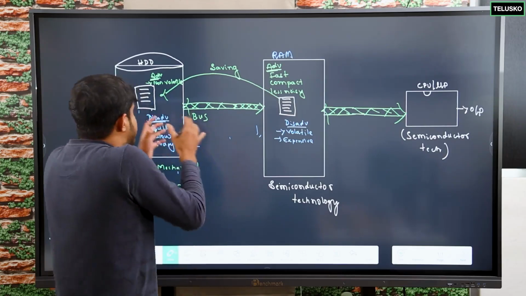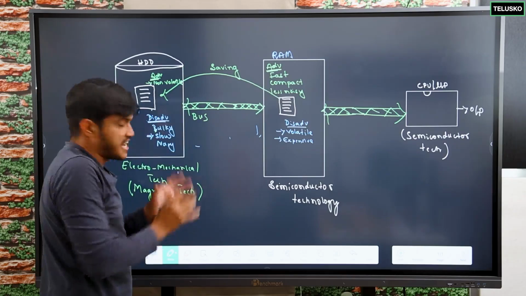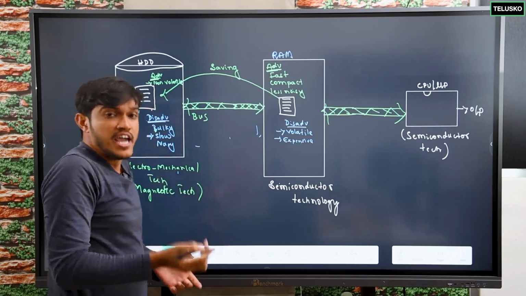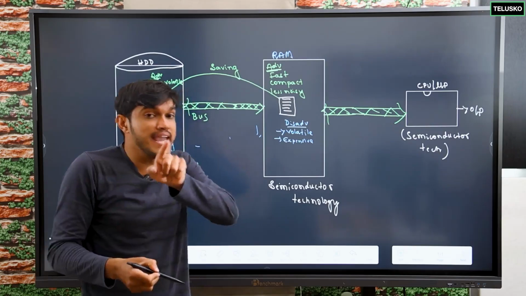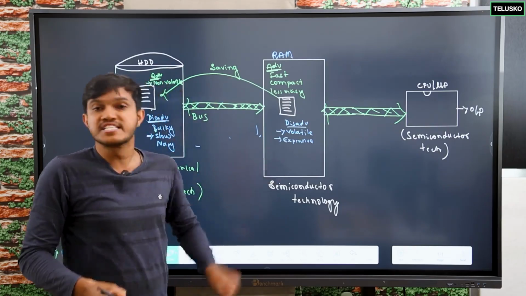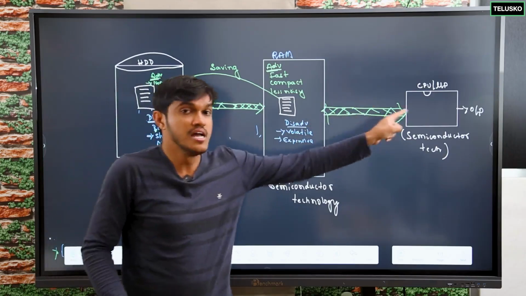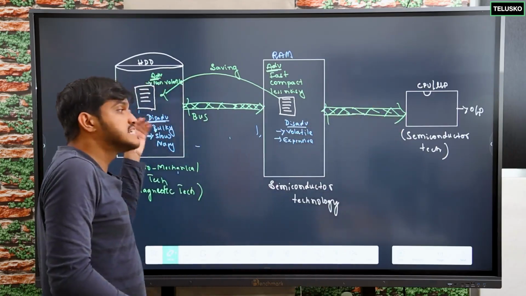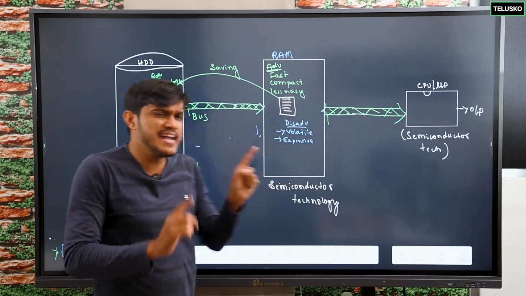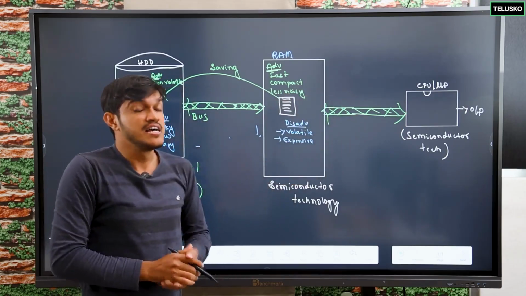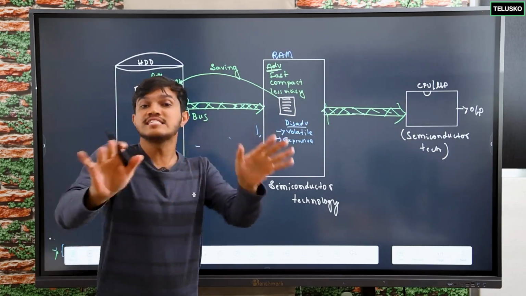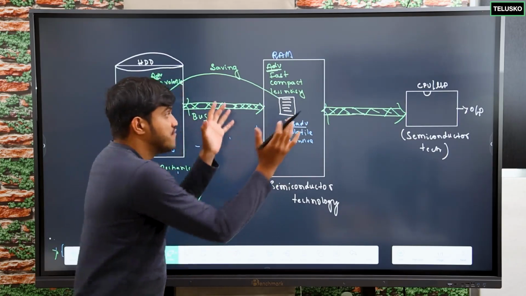Fine. Now whatever data you have saved on your hard disk, it is there very safely on the hard disk. If you want that to be executed, now who is the one who executes everything? It is the processor. Now tell me, are your hard disk and processor directly connected with each other? The answer is no, they are not directly connected. In between, we have a RAM.